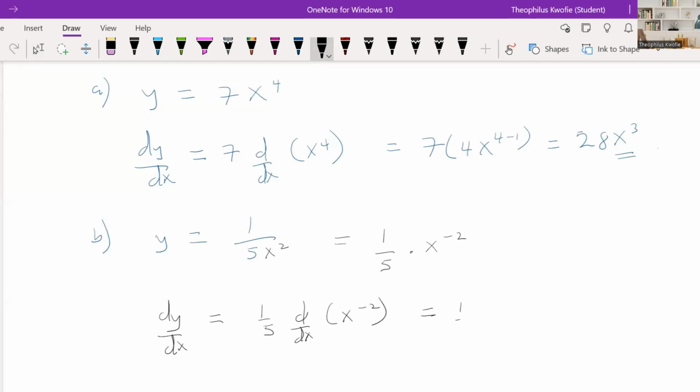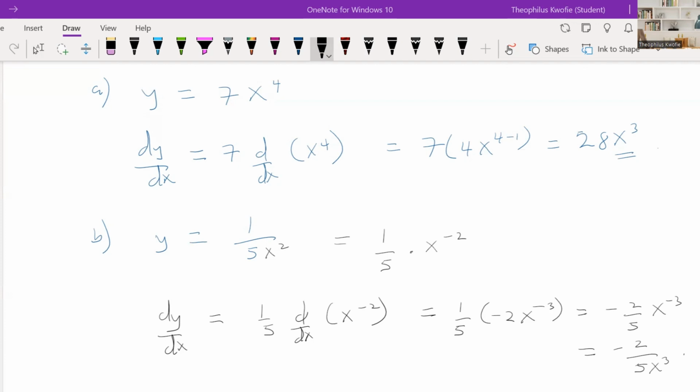So when we find the derivative of x^(-2), we drop the power, then we decrease the power by 1, to -3, and that gives us -2/5 x^(-3). But this can also be written as -2/5 times something like this. So let's take note.